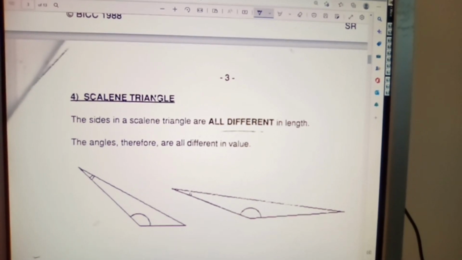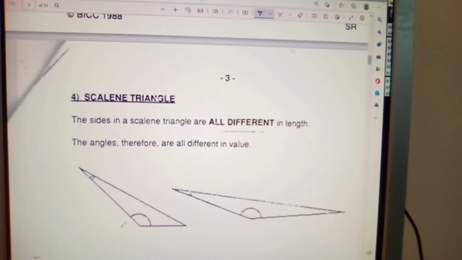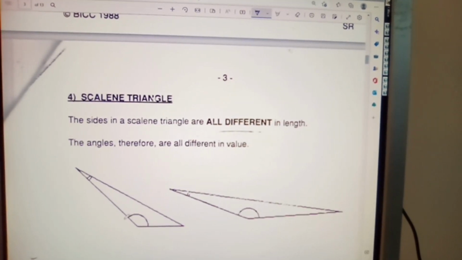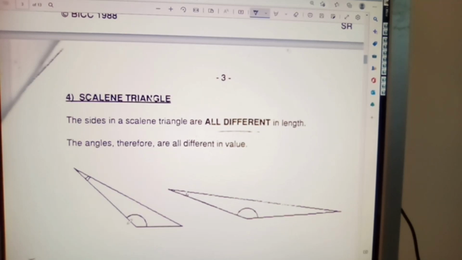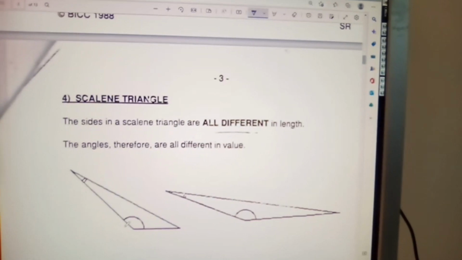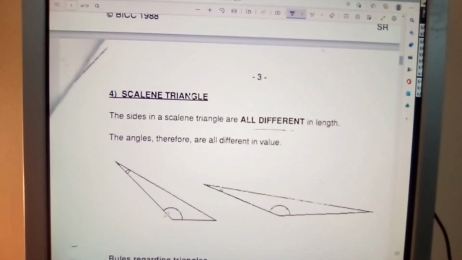You would then be looking at the angle between that and that. So if you know the angle here, you will be able to determine the angle that is here. The angles therefore are all different in value.